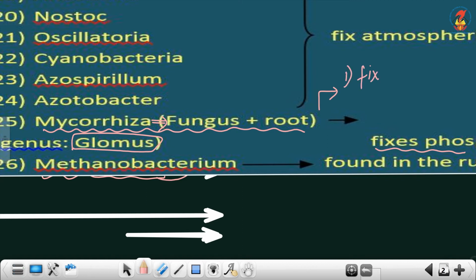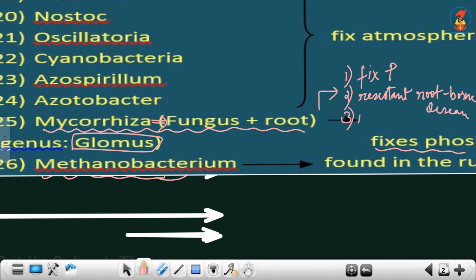Besides this, there are added advantages. Fixes phosphorus, like the nitrogen fixing bacteria. This fungus fixes phosphorus for the plant. Not only that, it makes the plant resistant to root-borne diseases. We know airborne, waterborne, that way root-borne diseases.